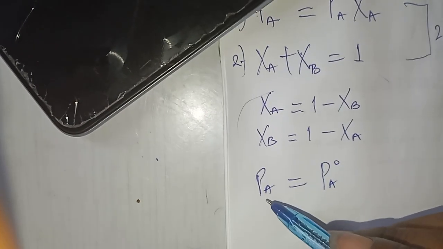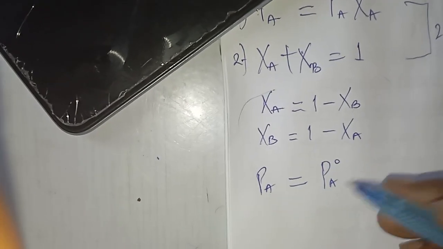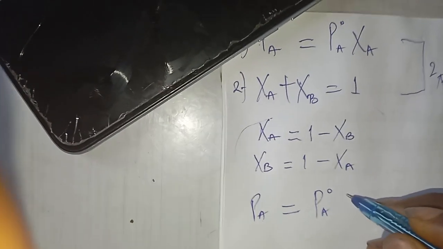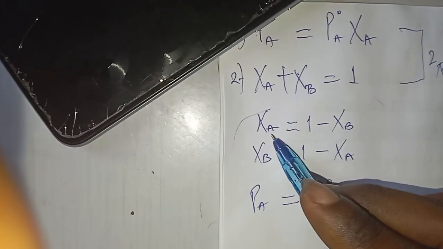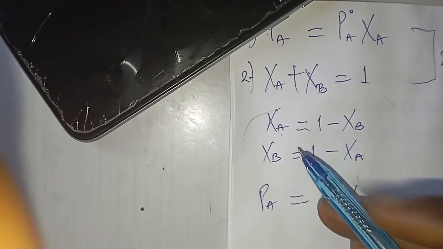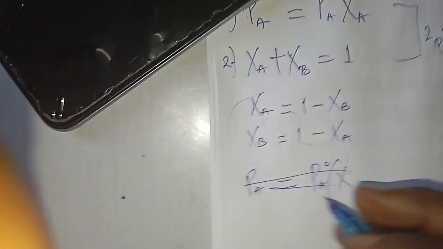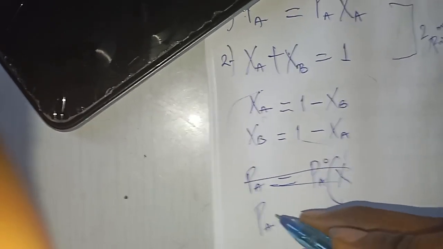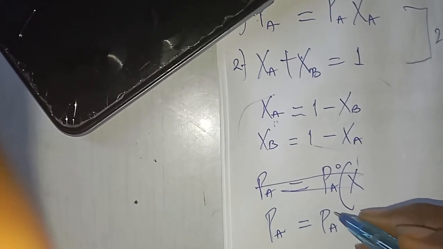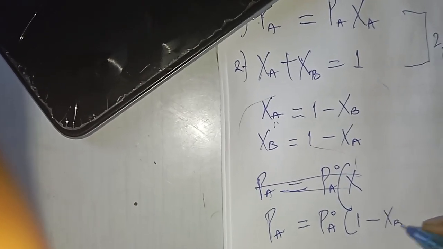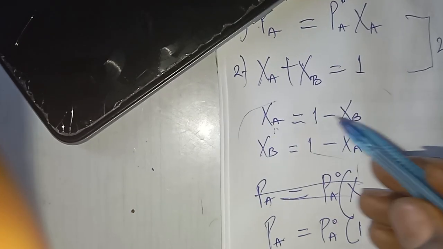I can also use the vapor pressure of B constituent, but I'm using that of A. Where I see XA, XA is equal to 1 minus XB.